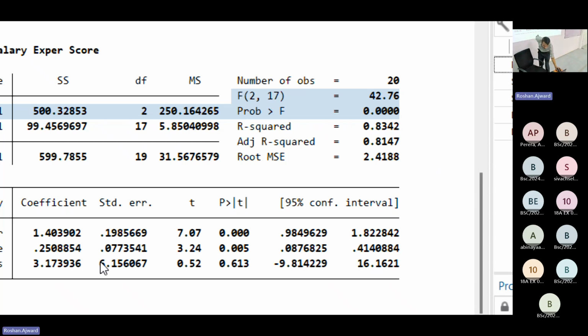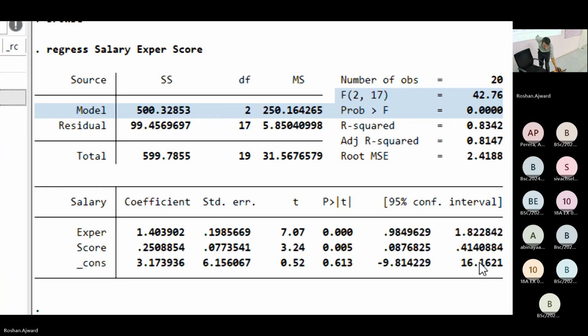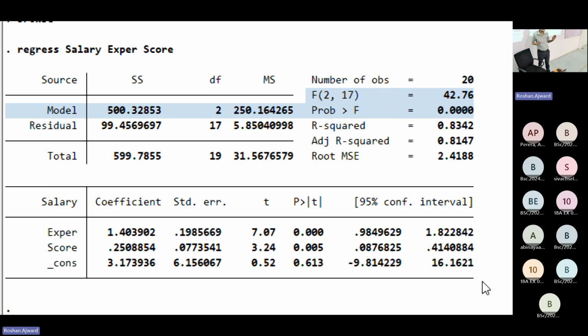That's where we come into this one. The last table. Look at the last table very carefully. It's a very important table. You can see here, in the last table, there is something called _cons. What's that? _cons represents what?